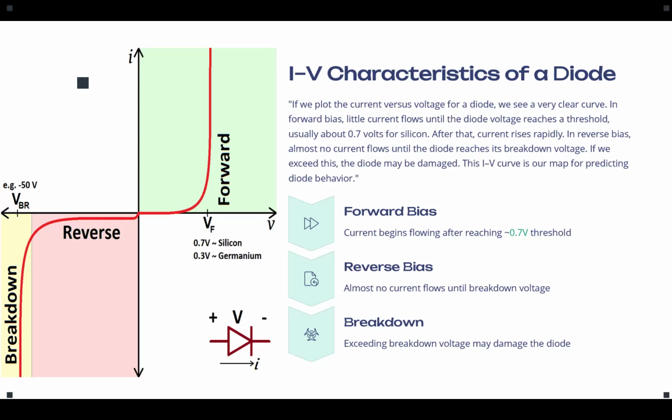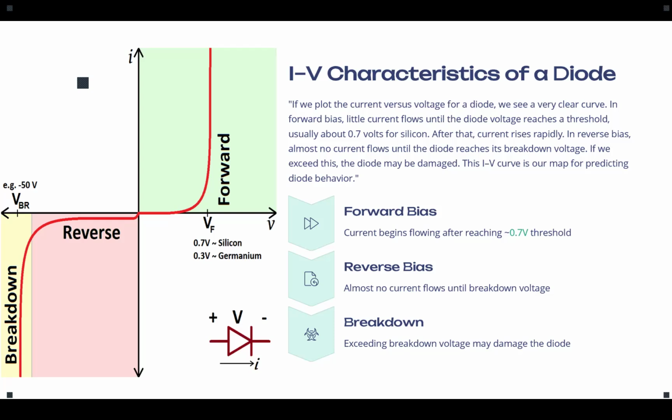When we apply forward voltage, and when we talk about the forward voltage, we mean a higher potential is connected to the anode and the lower potential is connected to the cathode. Okay, if we have forward bias voltage across our diode, the diode will conduct current.